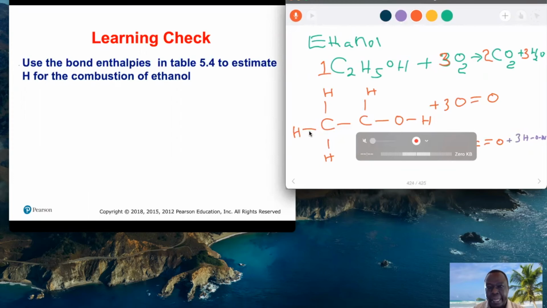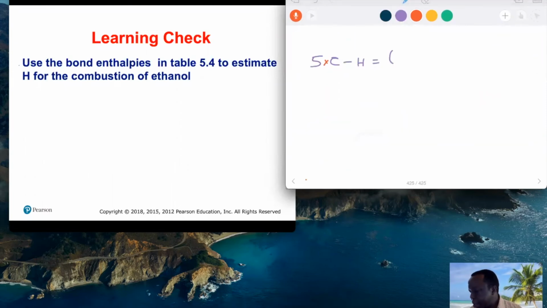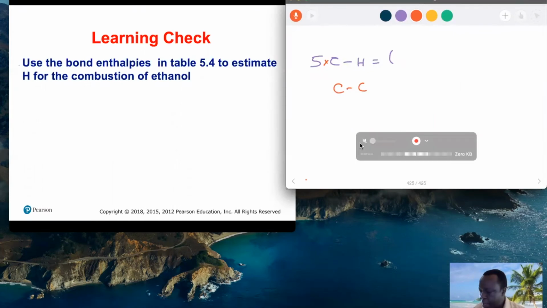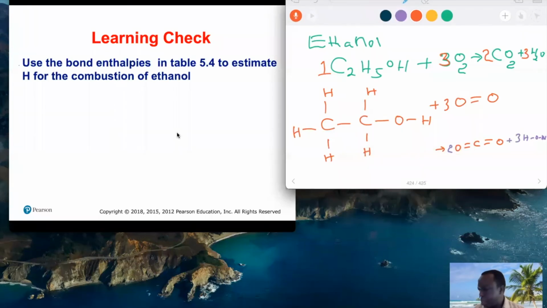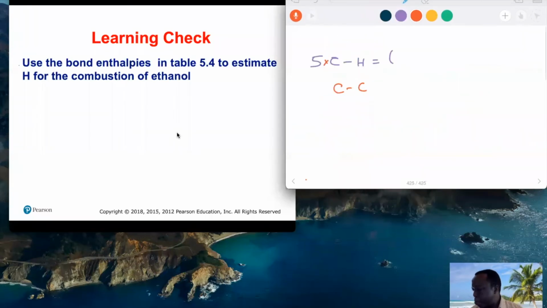So I started with C-H, carbon hydrogen. And how many do I have in this molecule? I have 1, 2, 3, 4, 5. And then there is carbon-carbon, and in carbon-carbon we have only one on the product side. So 1 times 1.